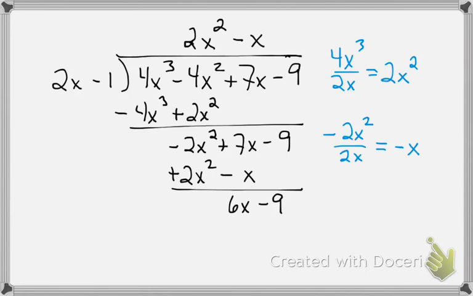So this time we're going to go a third round. Right? So you tell me, what should I consider? Not necessarily the answer, but what am I just considering? How many times will 2x go into 6x? And 6x divided by 2x is 3. So I have plus 3.